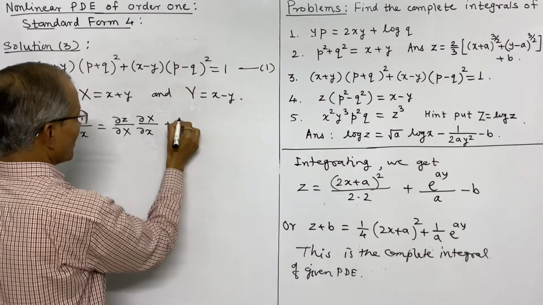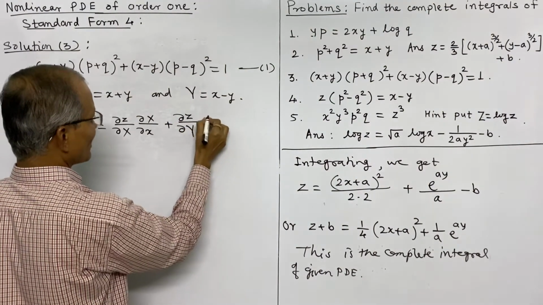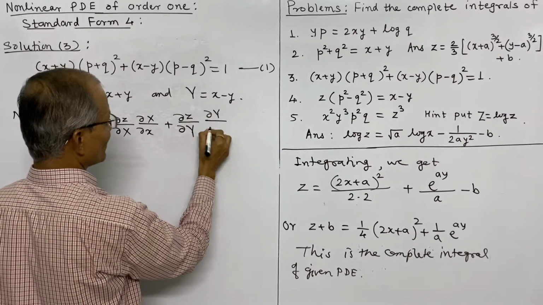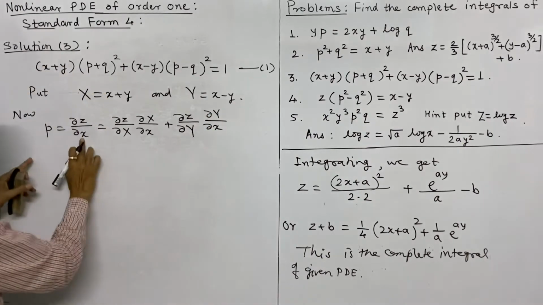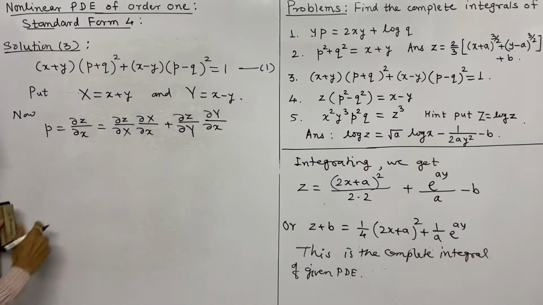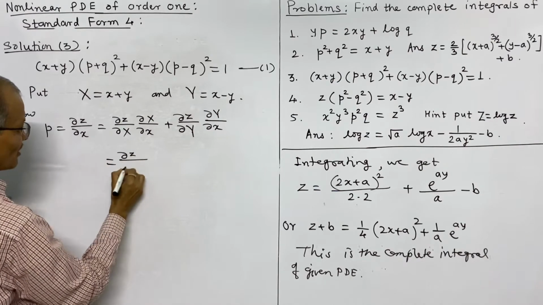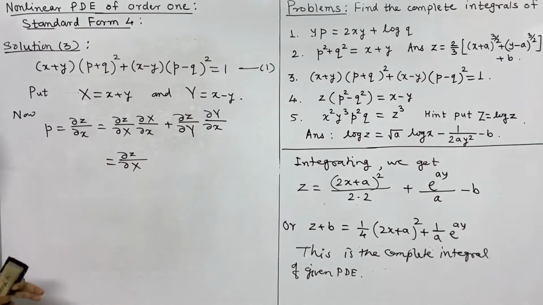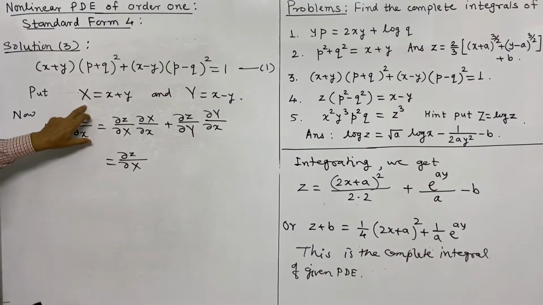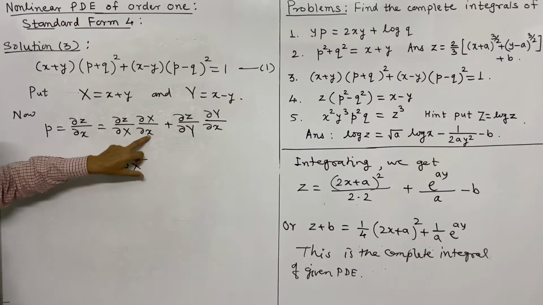Plus, similarly, the partial derivative of z with respect to capital Y and the partial derivative of capital Y with respect to x only. Notations are to be used carefully. This is capital X, this is capital Y, and this is small x.